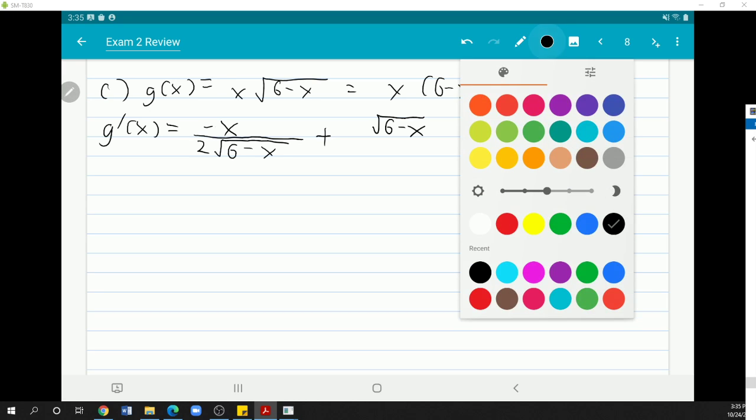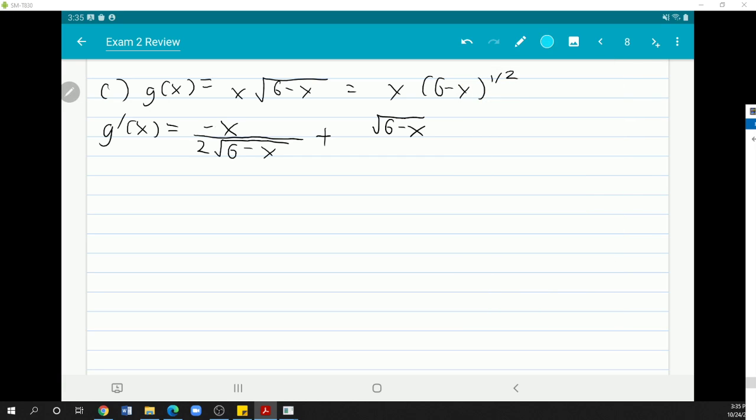And I think the easiest thing to do is, I'm already going to have to do quotient rule anyway, or some variant of that. And I'm going to have to solve for zeros, so I'm going to want everything over one fraction anyway. So I think it's a little bit easier to go ahead and multiply, get a common denominator now.